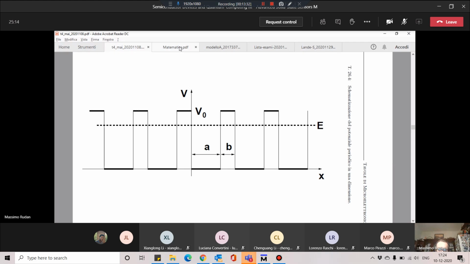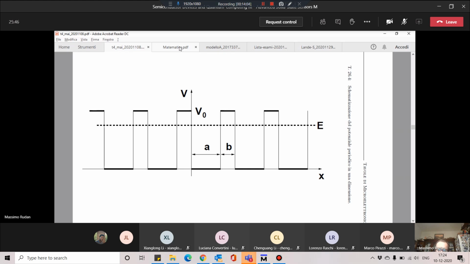And then we impose the continuity of the wave function and of the derivative of the wave function at the edges of each interval a and b. So we should consider infinite solutions and infinite matching conditions at the boundaries.